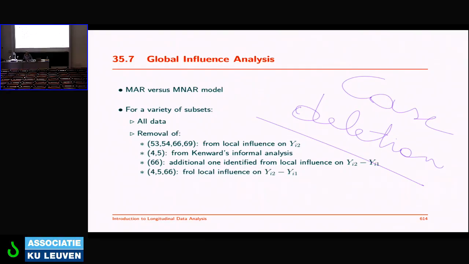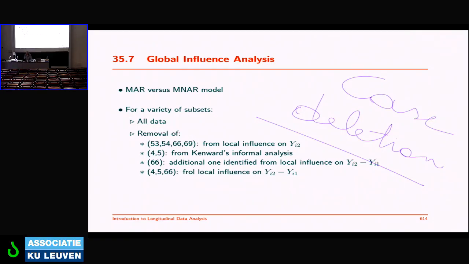You're missing at random and you're missing not at random model separately again. So what does it mean? In the local influence analysis, I fit one MAR model and that's it. And everything else are deterministic calculations based on the output from that model. I don't need to fit any other model. Here, yes.